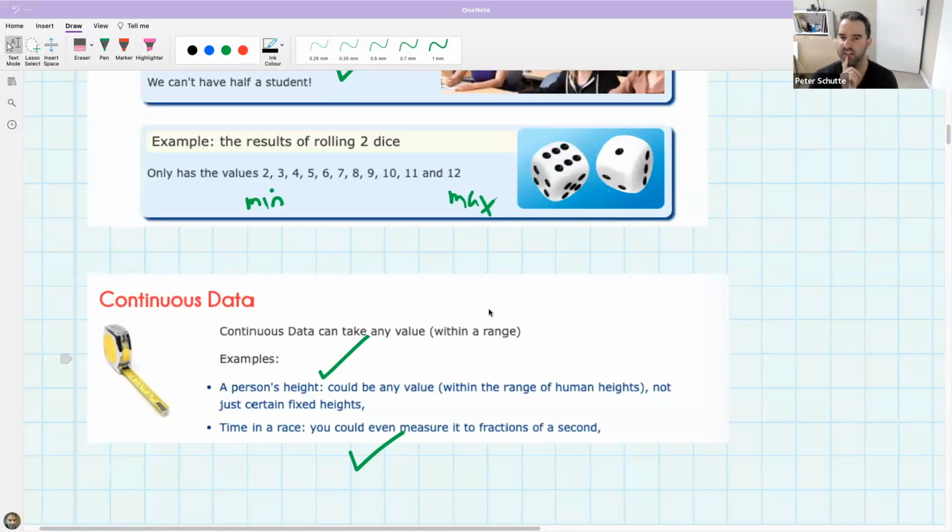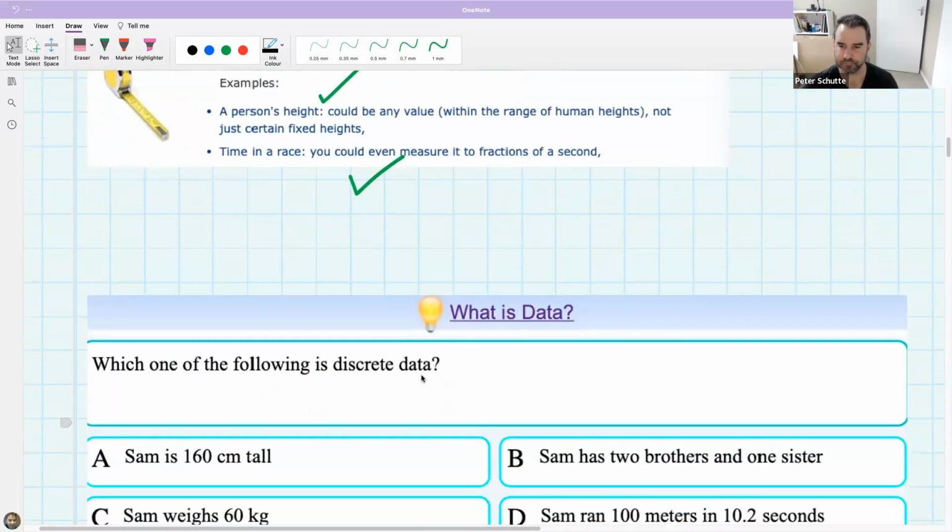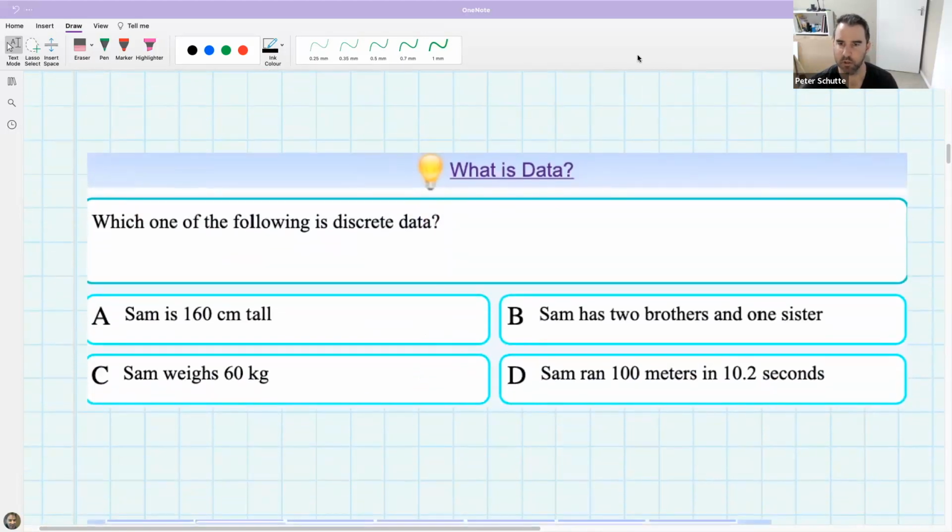Let's have a look at those hands. Okay. Well, let's put this to the test. So here's a multiple choice question. Tell me what you think the correct answer is.